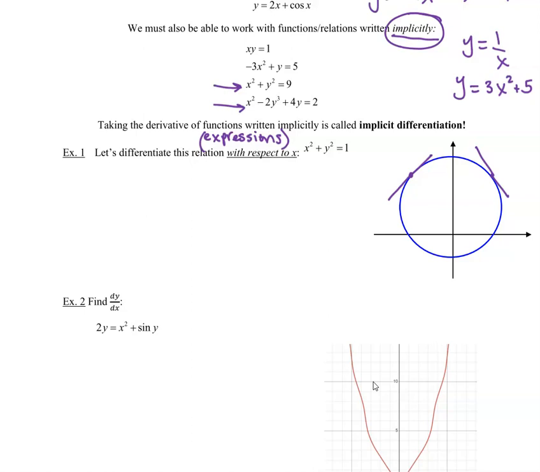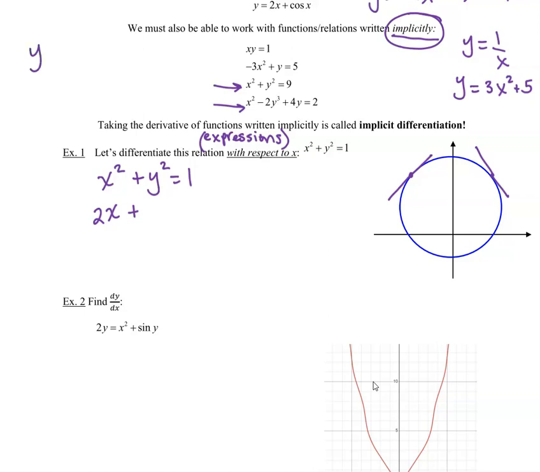So let's try this. It says differentiate this expression with respect to x. All right, so let me come down here and write this. We've got x squared plus y squared equals 1. Anything with x we're going to do just like we normally do. The derivative of x squared is going to be 2x plus, now the derivative of y squared, this is a little bit more involved. Let me just do a little aside here.